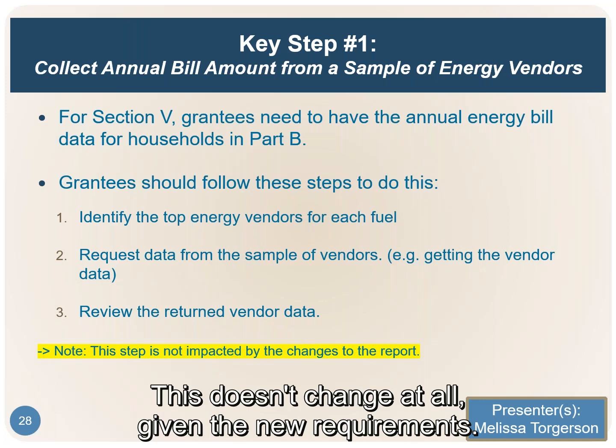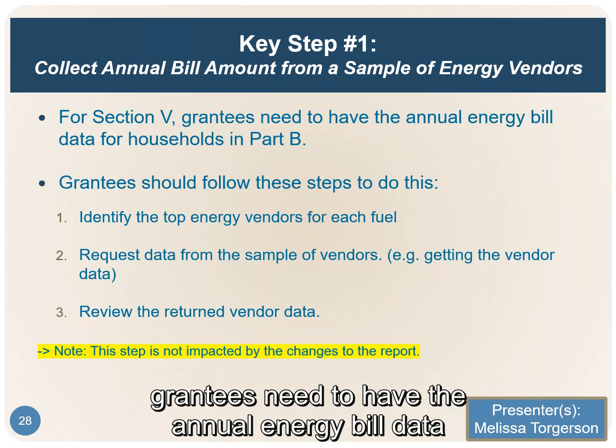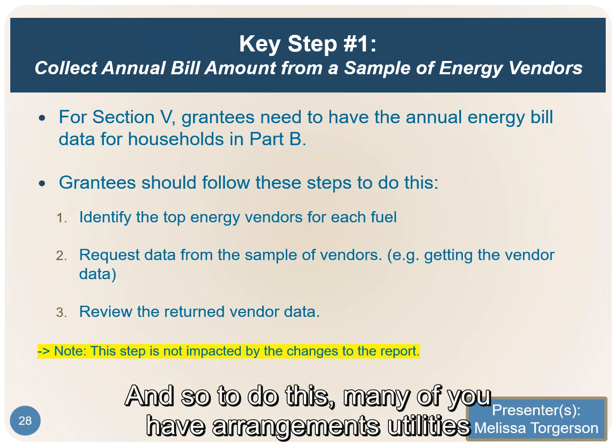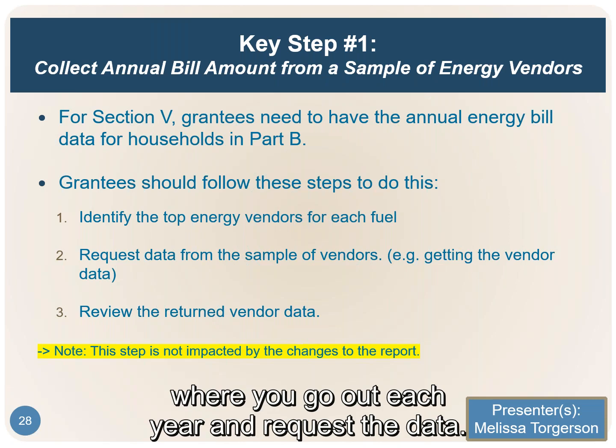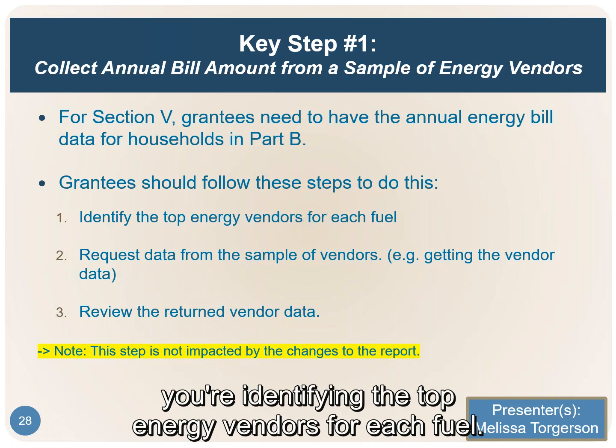This doesn't change at all given the new requirements. For Section 5, grantees need to have the annual energy bill data for bill payment households. And so to do this, many of you have arrangements with utilities where you go out each year and request the data. Some of you have real-time exchanges. But for most of you, you're identifying the top energy vendors for each fuel.